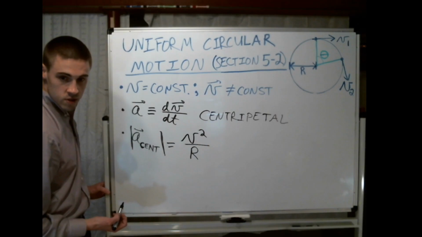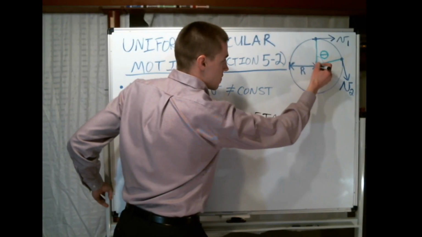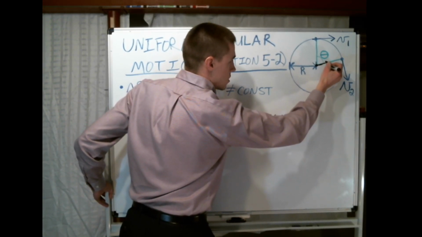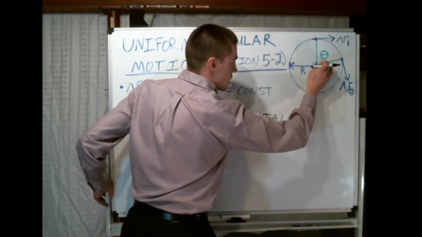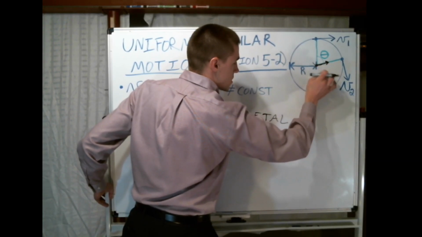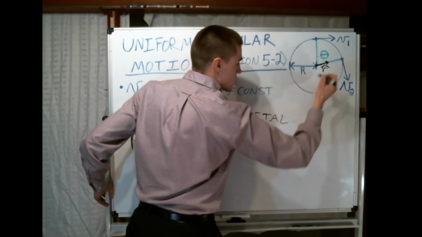I like to use the unit vector r hat to denote the unit vector pointing out from the center of something along the radial direction.